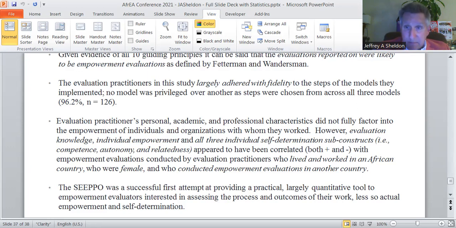There's a relationship between those demographics, those individual evaluator variables, and evaluation knowledge, individual empowerment, and self-determination. So it's indicative. You can't say anything really conclusive, but there's a relationship. So take that as you may, okay?